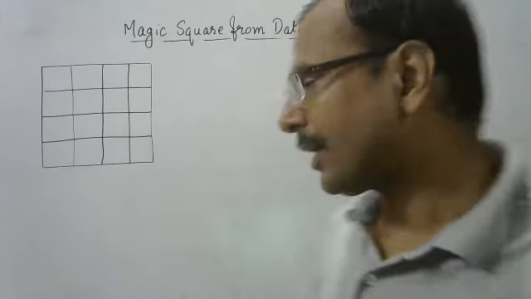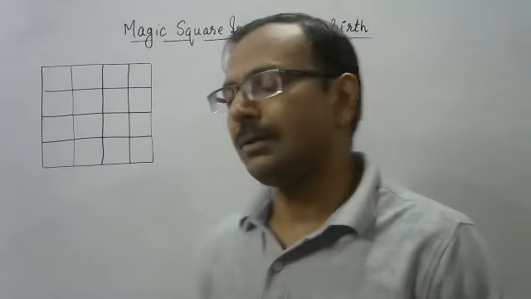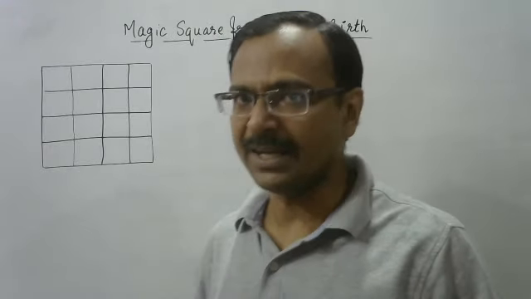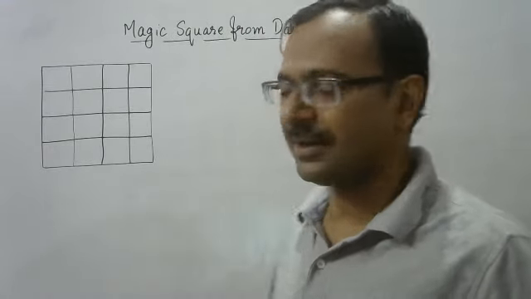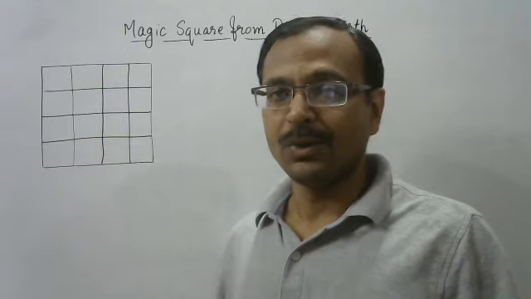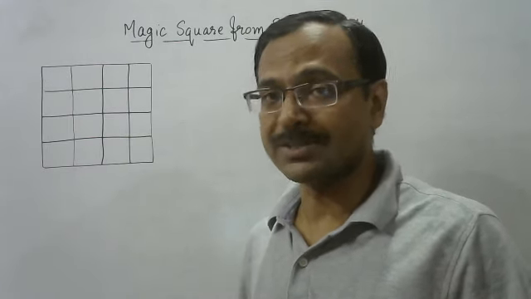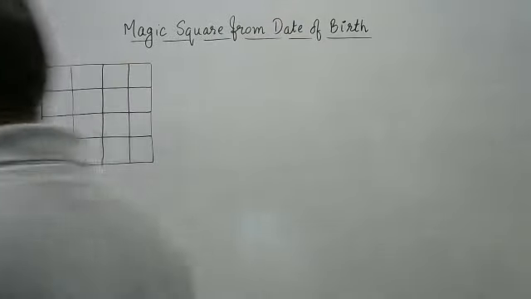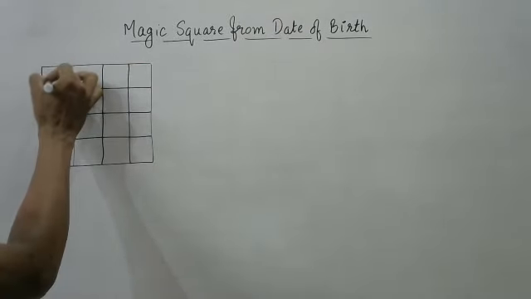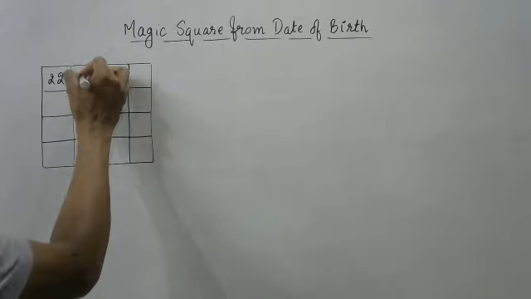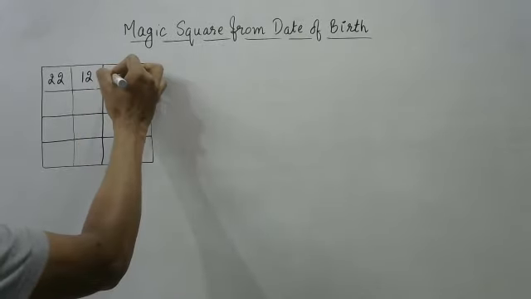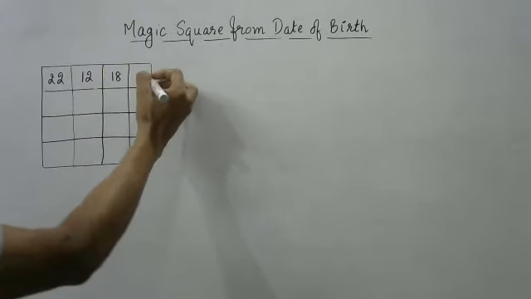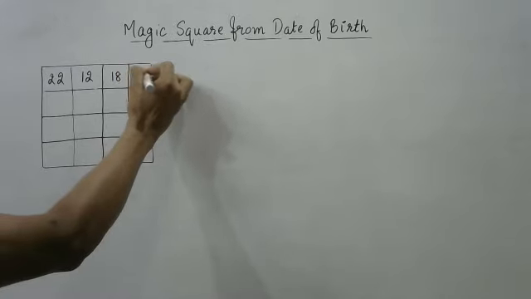So for taking an example, I'll write 16 numbers in this 4 by 4 matrix, and then explain what is so special about this magic square. The first row has 22 in the first cell, 12 in the second, then 18 in the third, and 87 in the fourth.